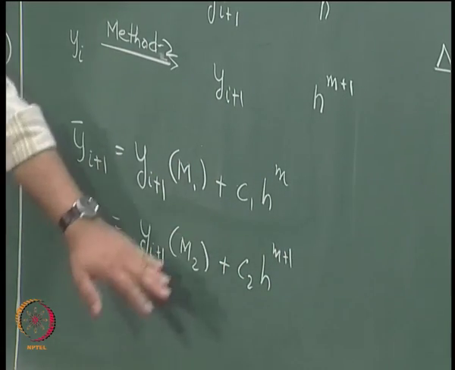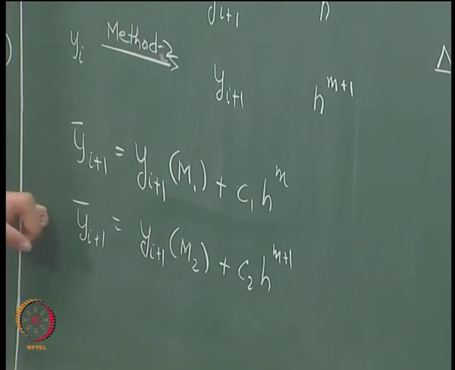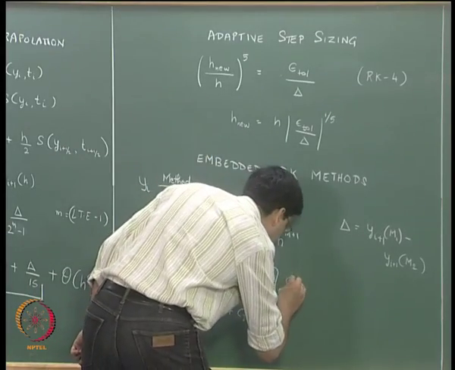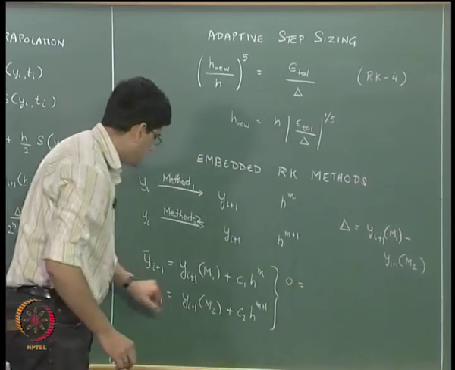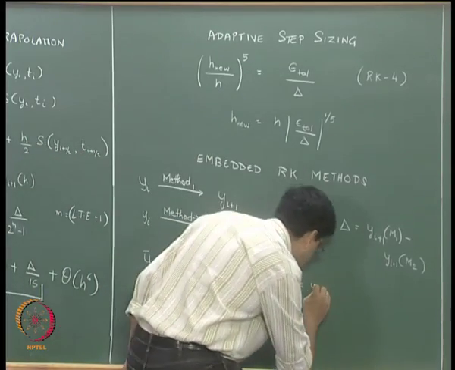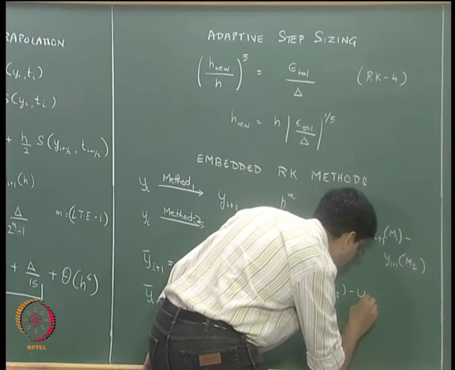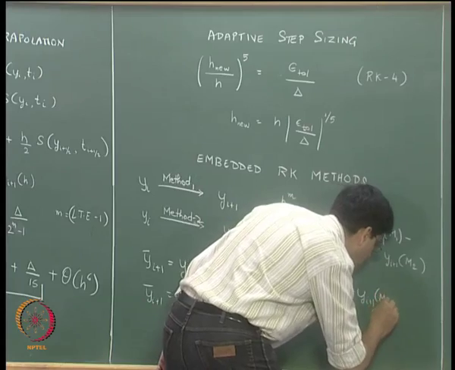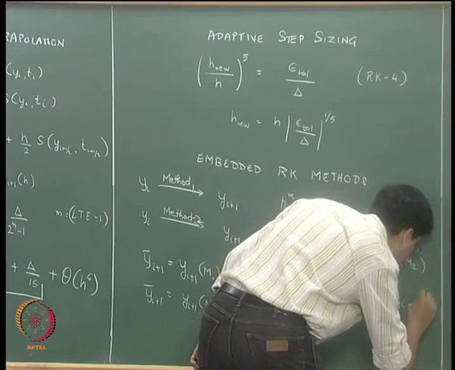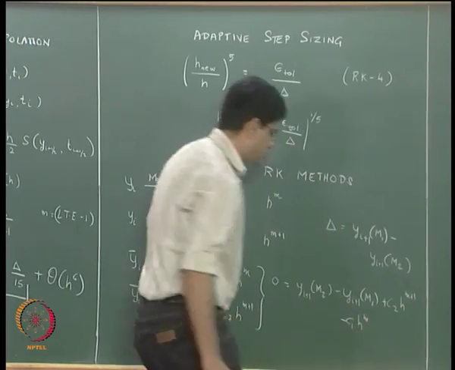Now when we subtract the first equation from the second equation, we will get 0 equal to yi plus 1 m2 minus yi plus 1 m1, plus c2 h to the power m plus 1 minus c1 h to the power m.